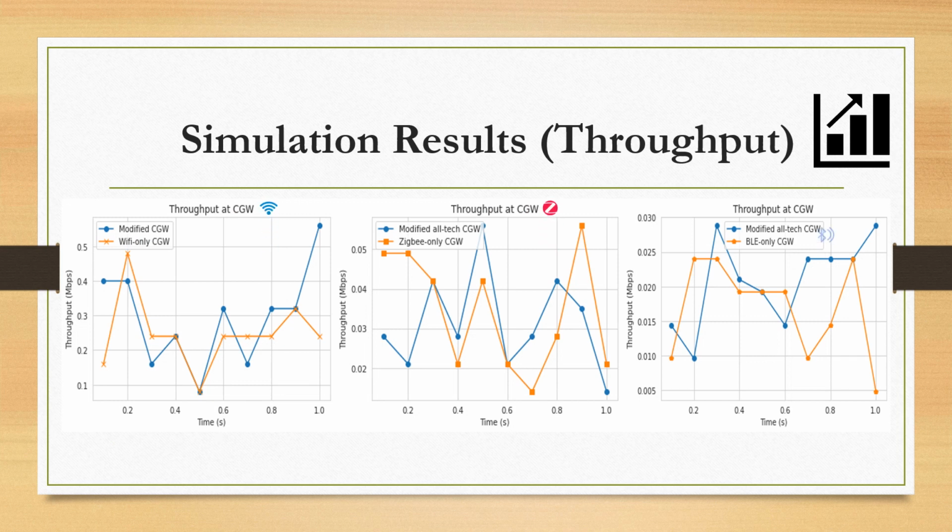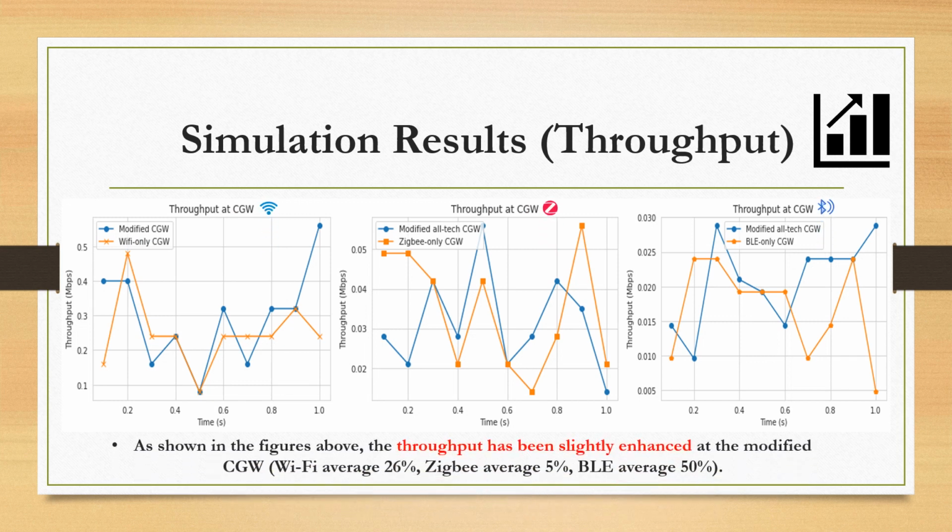So here we have the throughput. Firstly, we are going to measure the throughput between the modified gateway and the Wi-Fi only gateway. The second screenshot is for the modified gateway as well and the Zigbee only gateway, and finally the modified gateway with the Bluetooth only gateway.